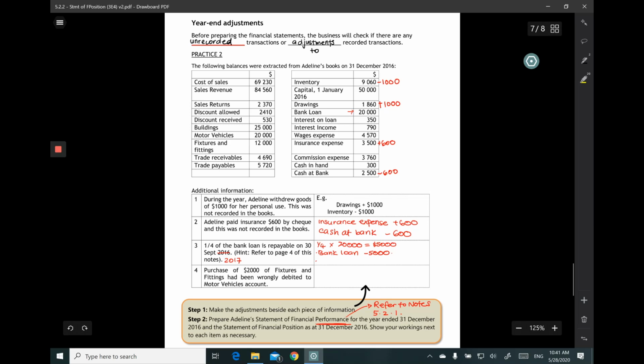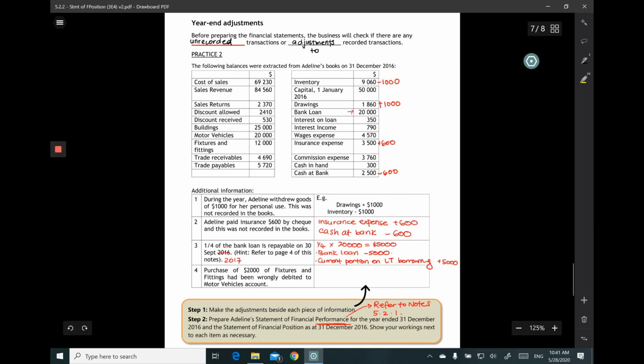Then where does the 5,000 go to? It goes to a new account called current portion on long-term borrowing. Okay, so this is plus 5,000.